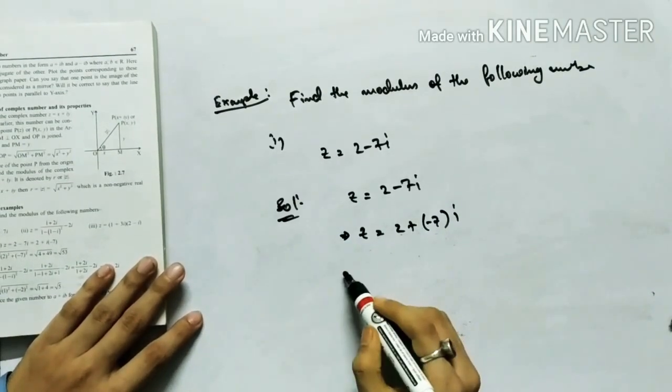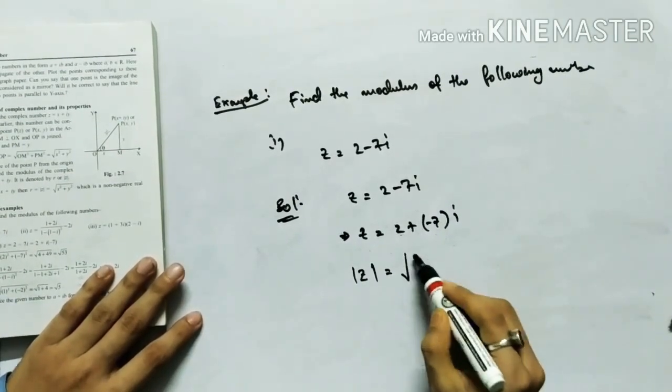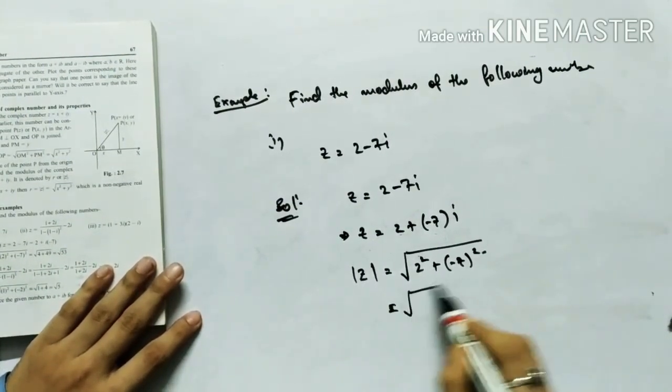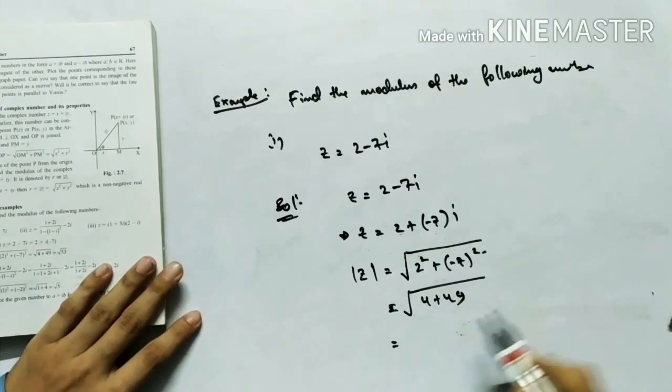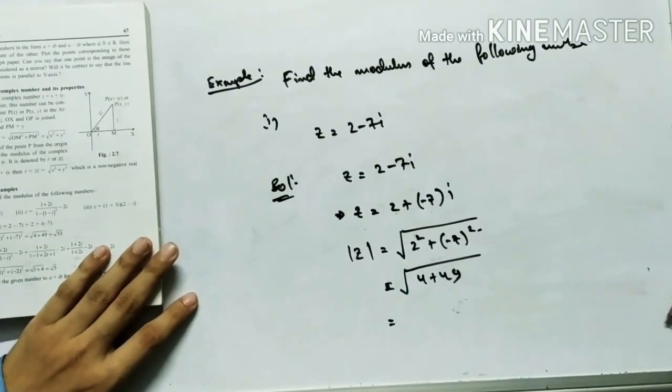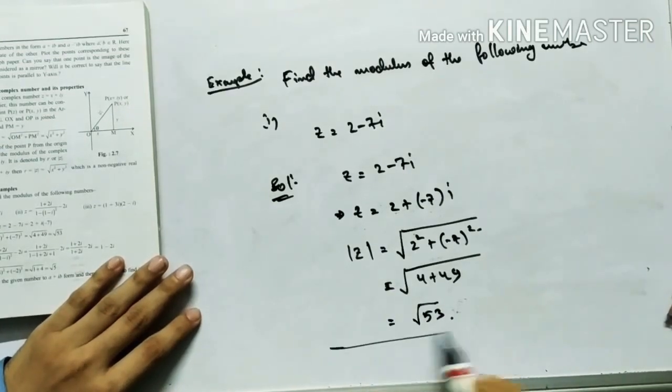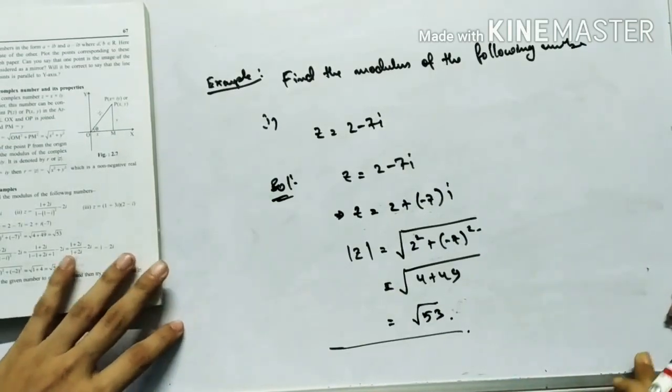Therefore the modulus of z gives me 2 square plus minus 7 the whole square, which equals 4 plus 49, so I will get 53. Root over 53. So modulus of z is root over 53.